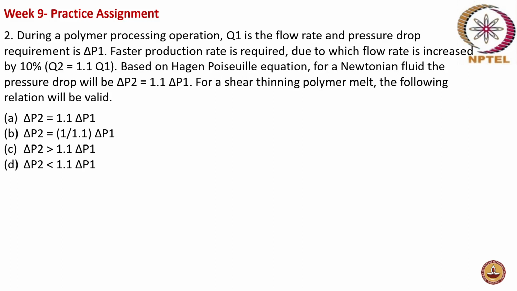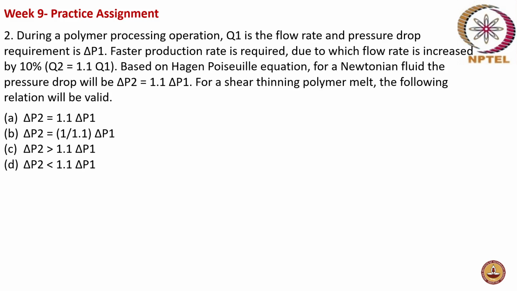Initially there was some flow rate and there was some pressure drop for a particular process. After some time, the operators wanted higher production, so they increased the flow rate by 10%. They are saying that if it is a Newtonian fluid, since the flow rate has changed by 10%, the pressure drop would also have increased by 10%.